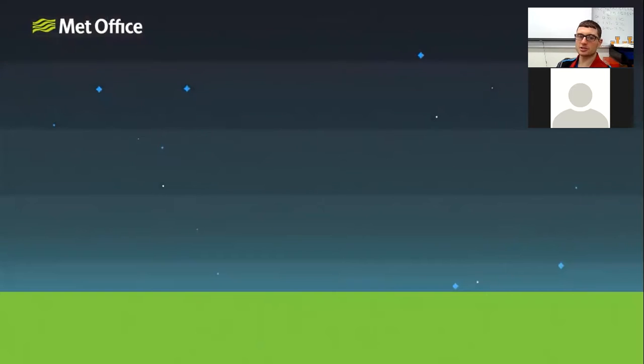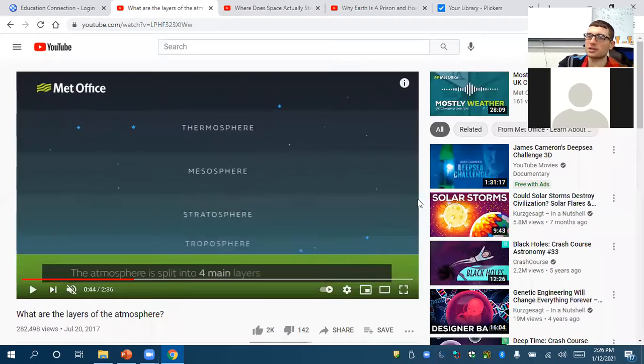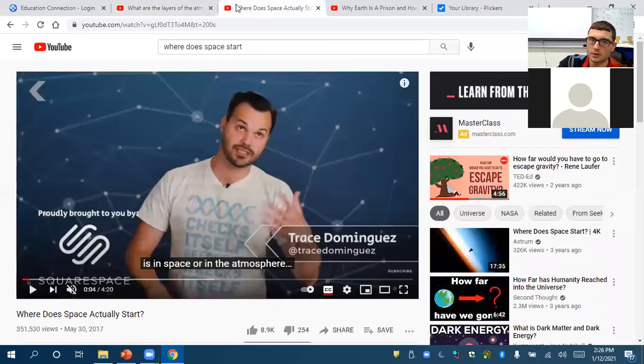But the layers are going to include, what we see here, the troposphere is the lowest layer, the stratosphere is the second, the mesosphere is in the middle, the thermosphere is 4th, and 5th will be what we call the exosphere. So let's go ahead and illustrate that out. That answers questions number 1 and 2 for us there.